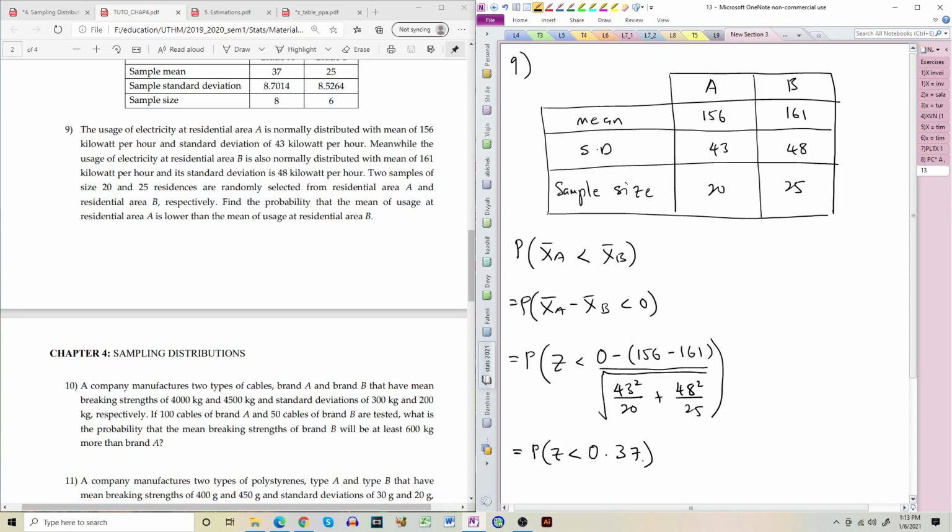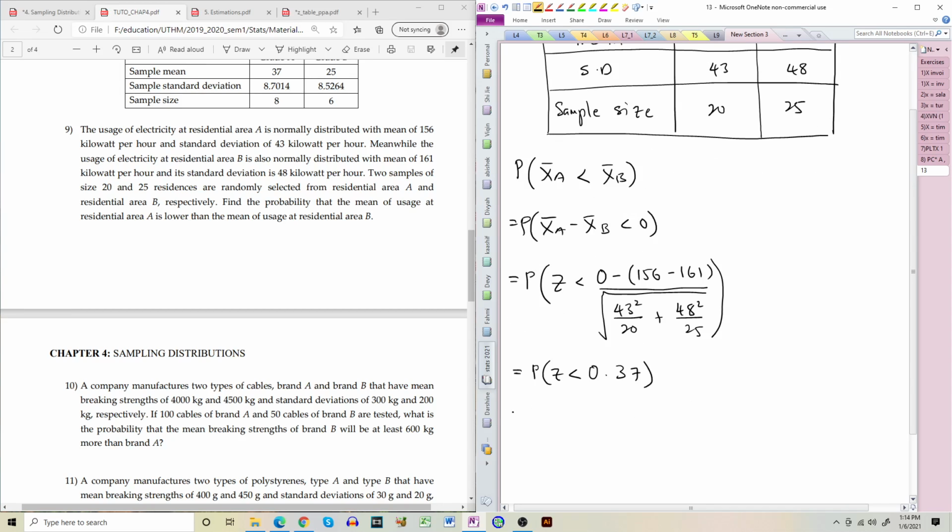Not only me, you also have to double check. Okay, 0.37.